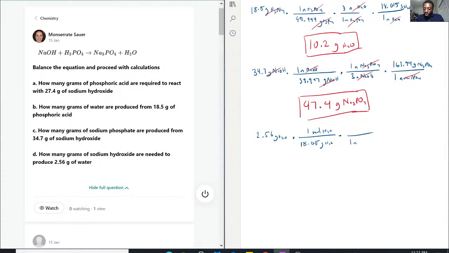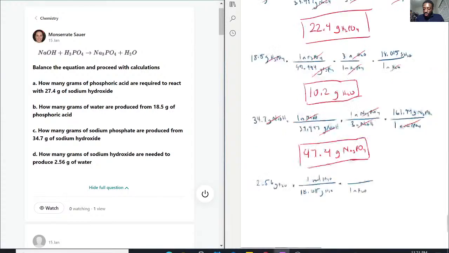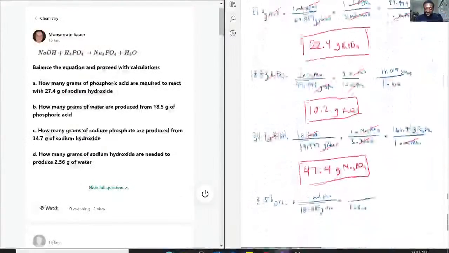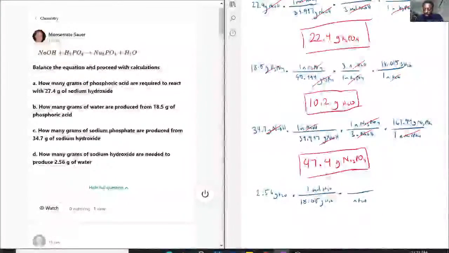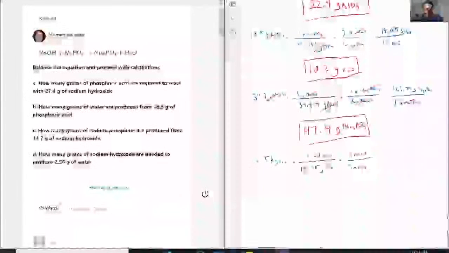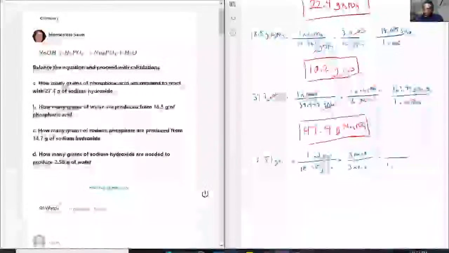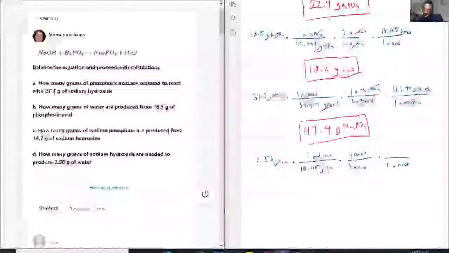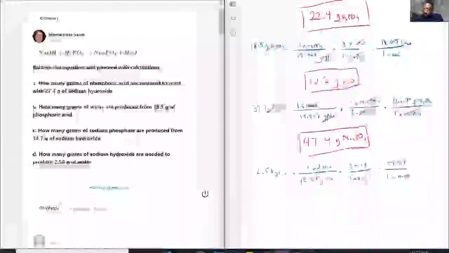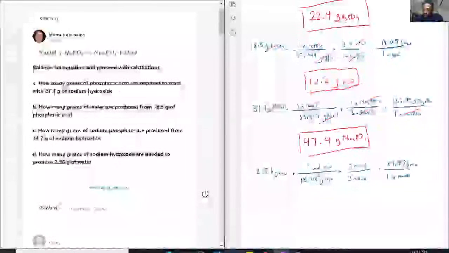Sodium hydroxide is NaOH, okay? And water. So we put 3 here because each of them is 3. That's NaOH. And then for every 1 mole of NaOH, there is a mass of 39.997 grams of NaOH.